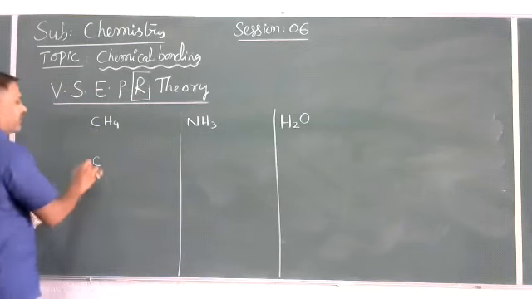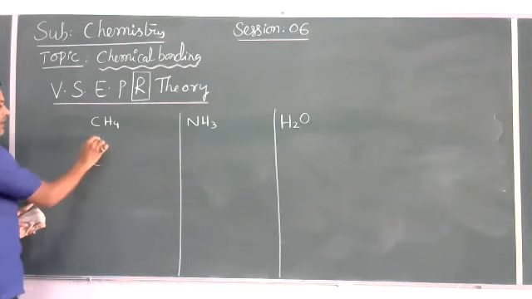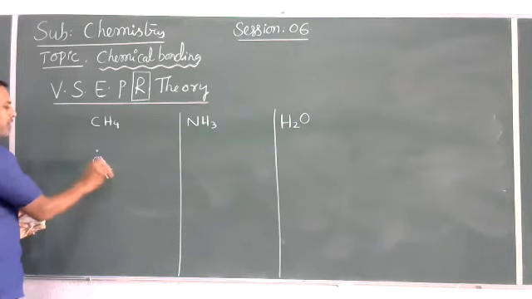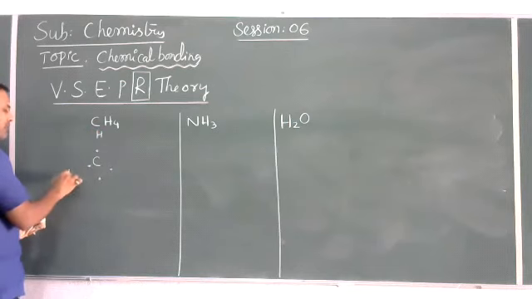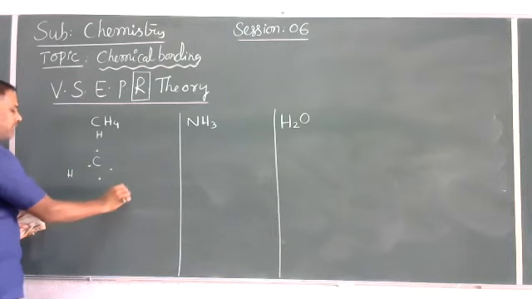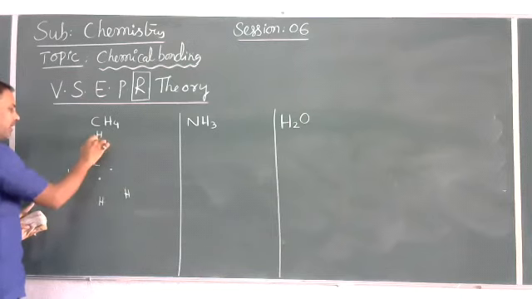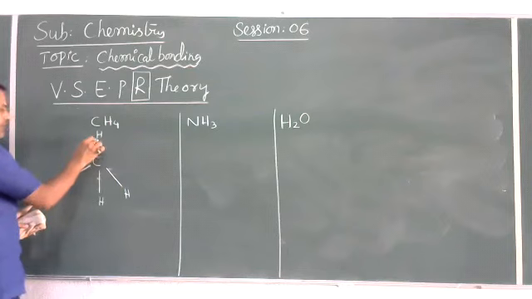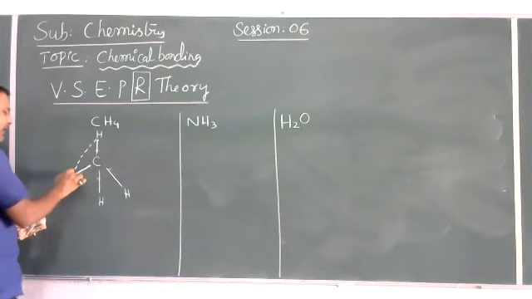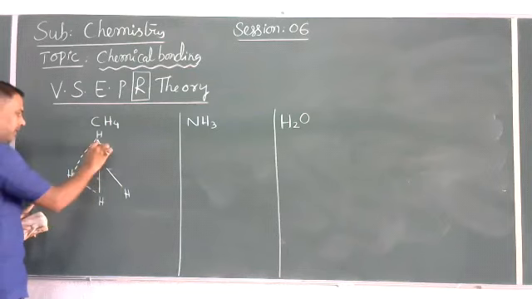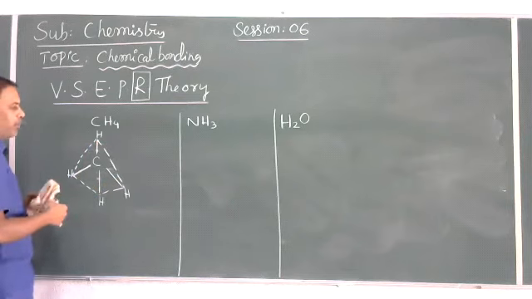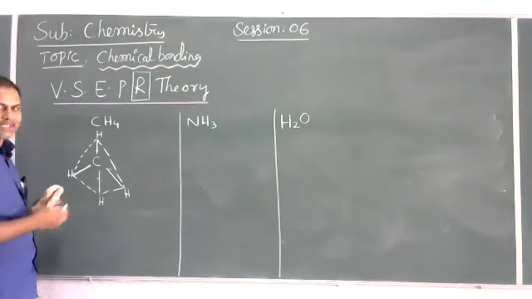Around carbon, 4 valence electrons are bonded with 4 hydrogen atoms, tetrahedrally bonded, through mutual sharing. Then it forms a tetrahedral shape.